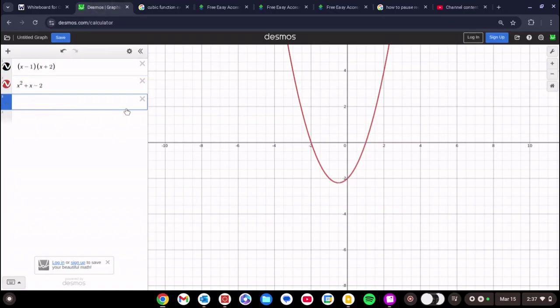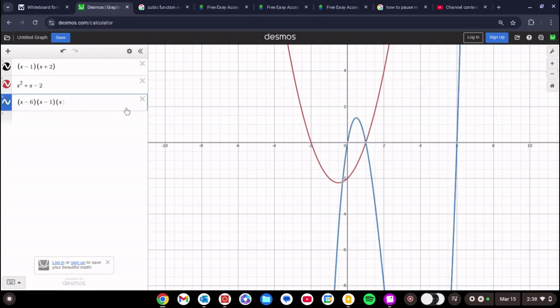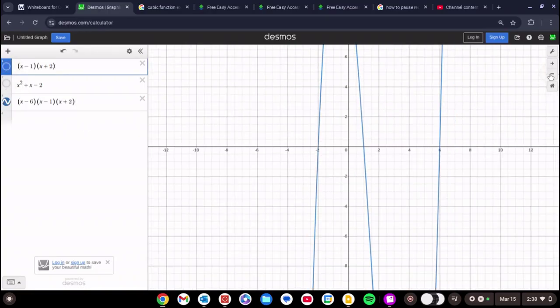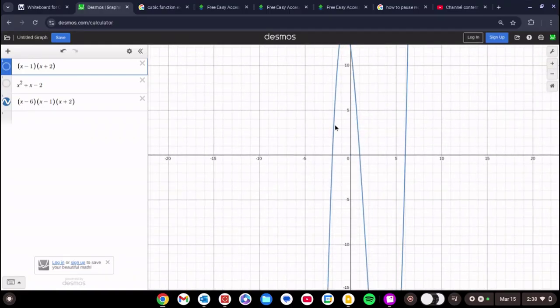Okay, well, I can't find it in that textbook, but if we add the x minus 6 here, and you multiply it with all of these, let's get rid of these two real quick. You have this beast of a graph where it goes up, and then down, and then up again.